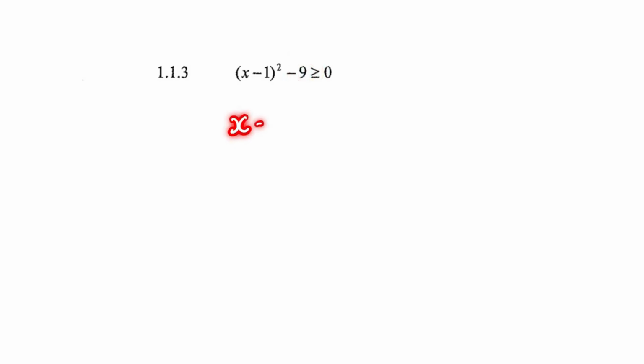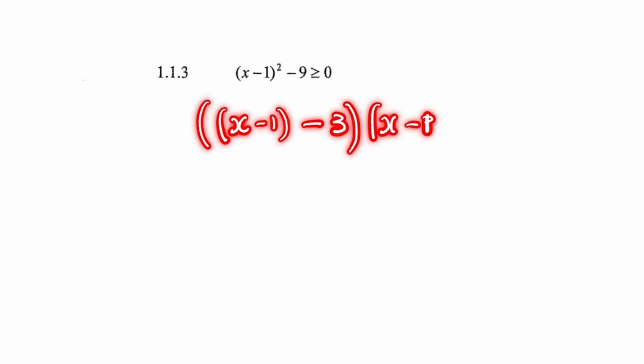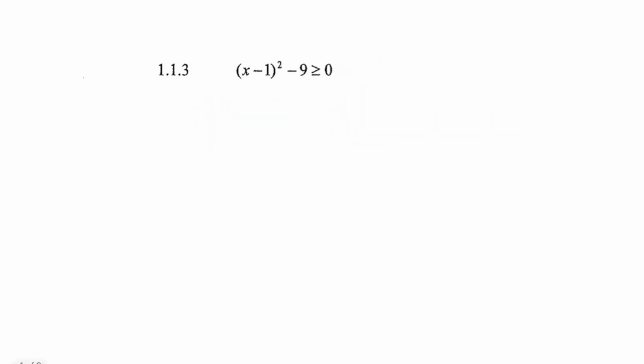So I can say (x minus 1 minus 3) times (x minus 1 plus 3). So I identify the difference of 2 squares. But that is a little bit complicated for most students. So let us take a little bit more of a natural approach.